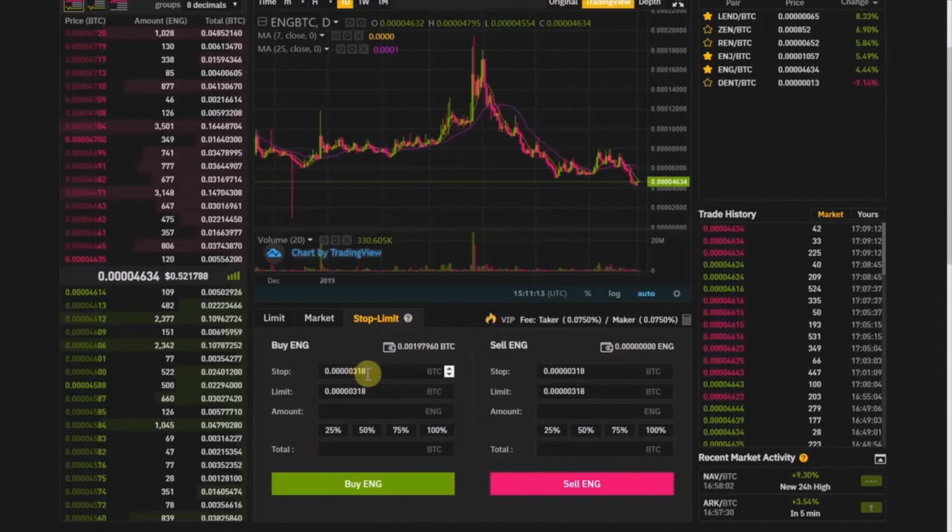Once the price reaches, say, let's pick something going down, once the price reaches 4572, I want to buy coins.